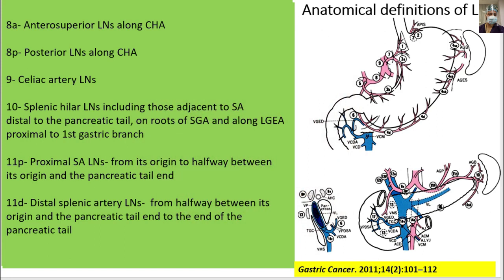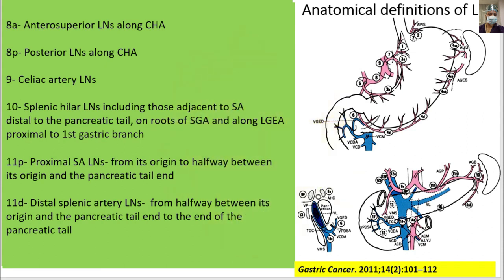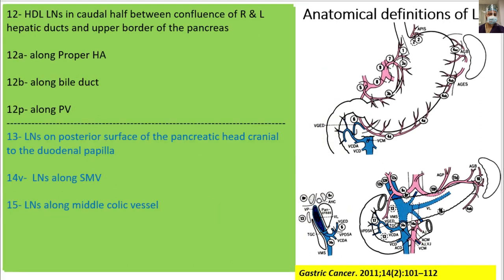Proximal splenic artery lymph node 11P is from its origin to halfway between its origin and the pancreatic tail. And 11D is the distal splenic artery lymph node from halfway between its origin and the pancreatic tail to the end of the pancreatic tail. 12, these are all hepatoduodenal ligament nodes. All hepatoduodenal ligament nodes are station 12.